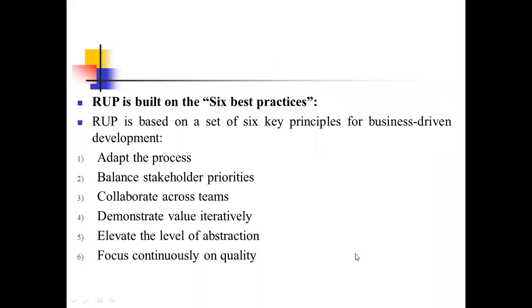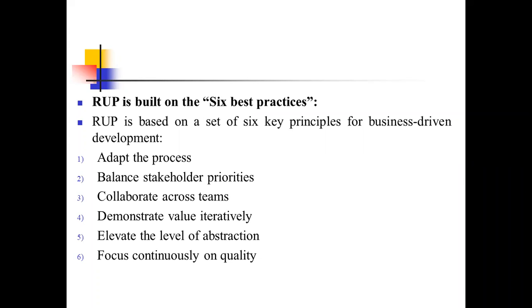Then RUP is built on six best practices. It is based on a set of six key principles of business driven development. The first one is adapt the process. Second is balance stakeholder priorities. Third is collaborate across teams.